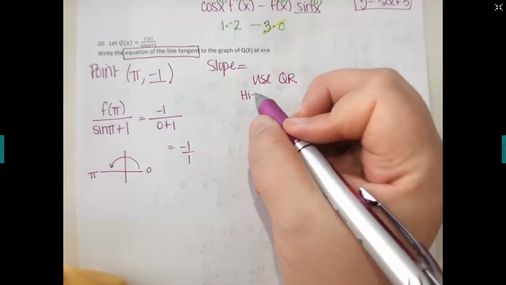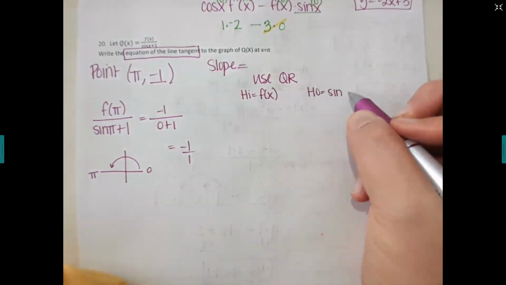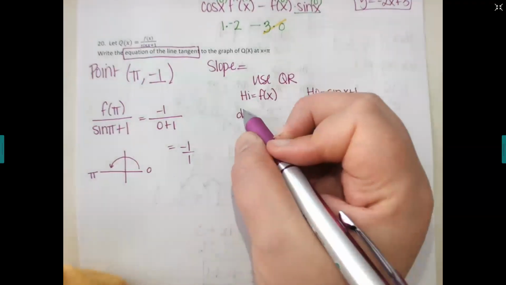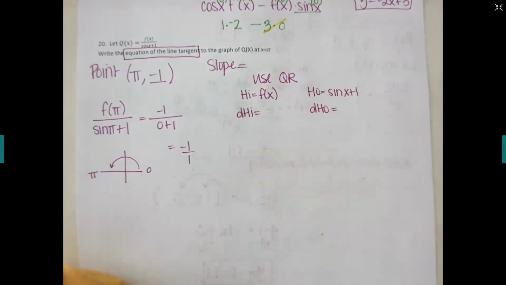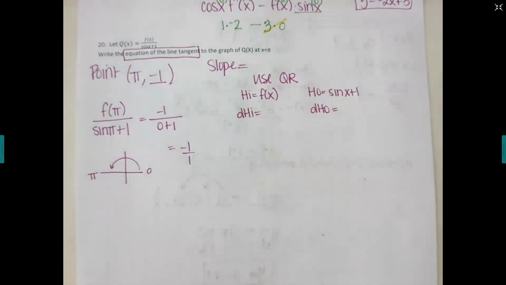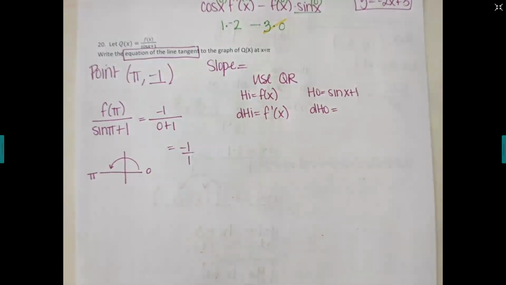My high is going to be f of x. Ho is going to be sine x plus 1. Then I want d high and d ho. If it's an f of x, what's the derivative of that called? F prime of x, very good. And for your sine x plus 1, what's the derivative of sine x? Cosine x. And what about the plus 1?